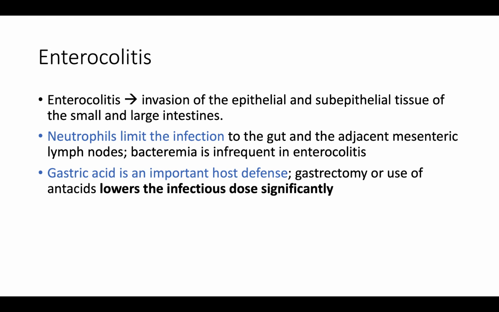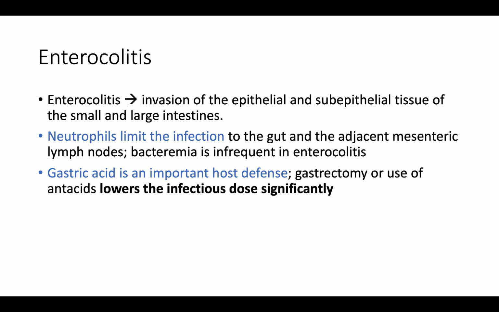Okay, so enterocolitis is an invasion of the epithelium and the subepithelial tissue of the small and the large intestine. Tamam. So what do we know that happens in the gut that prevents the invasion of bacteria, especially in the colon?